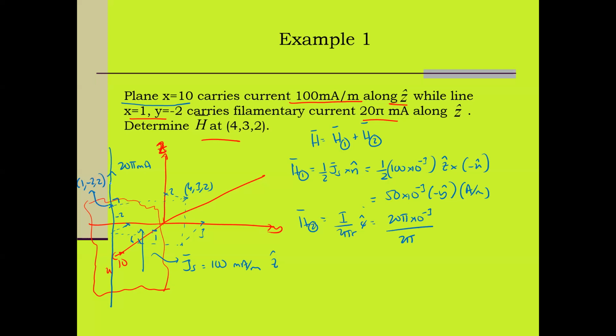That should be the position on the filament current that makes a perpendicular distance with the point (4, 3, 2). From these two points, the distance R is the square root of (4 minus 1) squared plus (3 minus -2) squared, which gives us the square root of 9 plus 25, which is the square root of 34.